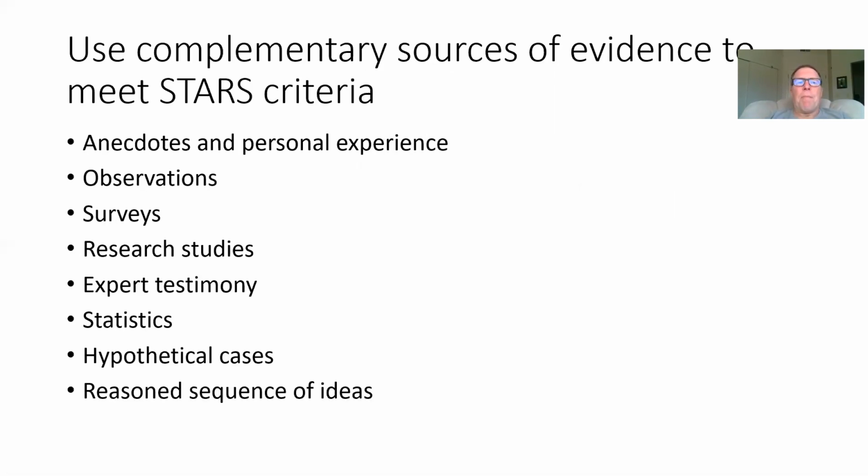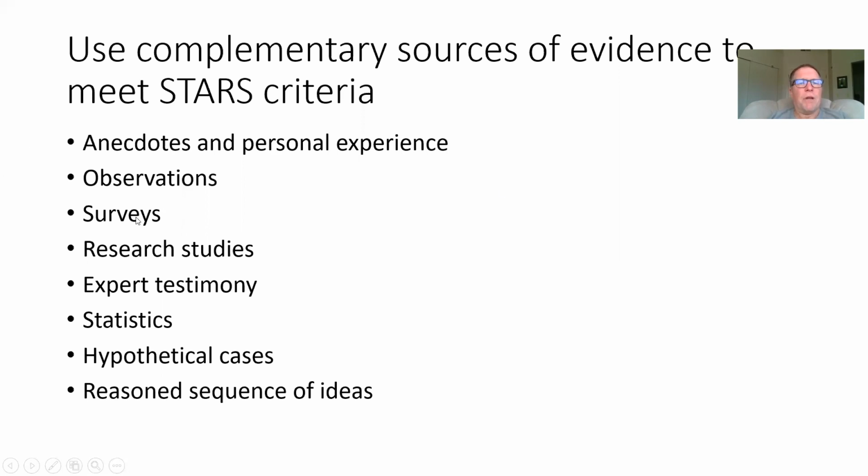So my advice ultimately is to use complementary sources of evidence to meet the STAR criteria. In other words, use the strength of one and the strength of another to balance each other off and shore up the weaknesses. For example, statistics tend to be a little boring and dull. But it's a wide range, it's representative, it's a sufficient amount of evidence if you've got enough statistics.